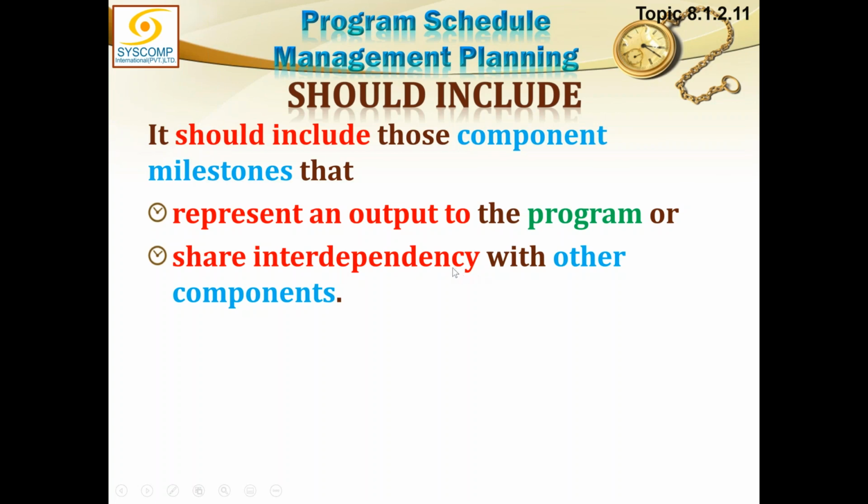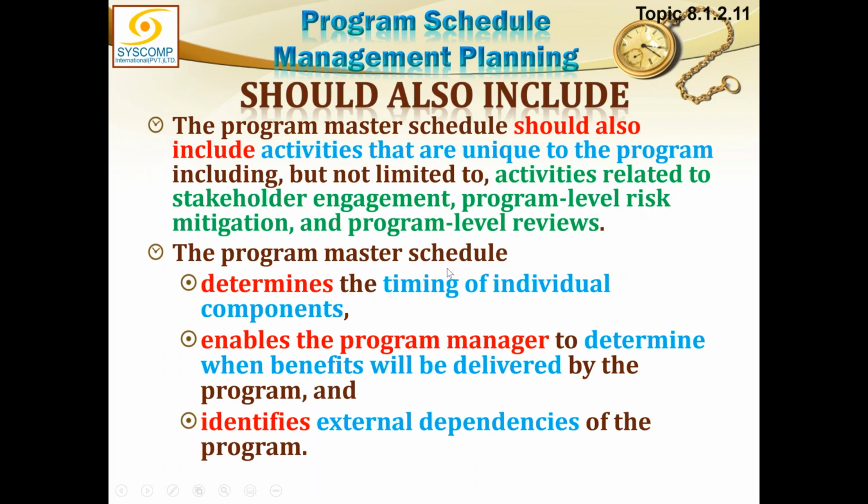Both ways, anything coming out of the component must be registered, simply put. It should also include activities that are unique to the program, but not limited to activities related to stakeholder engagement, program level risk mitigation, program level reviews, etc.